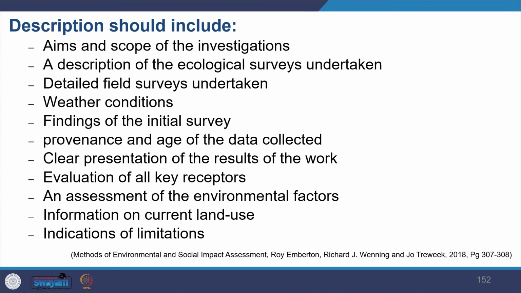So when you are providing a description, it should include what is the purpose, aim of this investigation which you have taken, and what kind of ecological surveys have been undertaken, what did you find in the initial studies, what kind of data was collected, and then what kind of results you found out, and what are the key receptors in your study area, and what is your assessment about the environmental factors, and then what do you say about the current land use, and what are the limitations of your study. That all needs to be spelled out when you do the description.